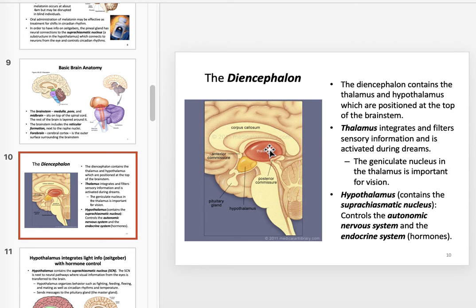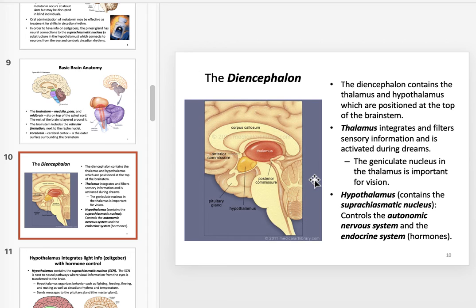So this thalamus is going to integrate, filter sensory information, including ears, taste, all that stuff. We care about it for vision because obviously for most people, or for actually all people that we know of, dreams consist of visual stimuli. And so that thalamus must be in some way reactivated during REM sleep.